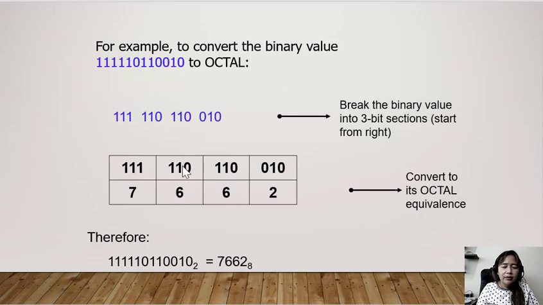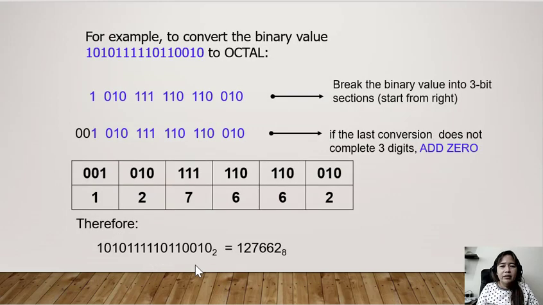Then 110 again is 6. And 4 plus 2 plus 1 is 7. Just remember the placement 4-2-1 for the 3 digits, and you'll come up with the octal equivalent. So your binary 1111110110010 may be converted into 7662 in octal.